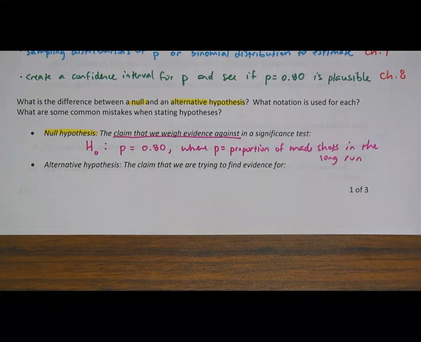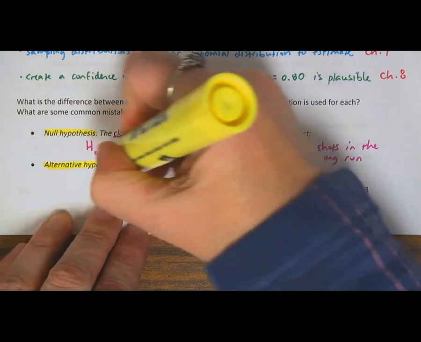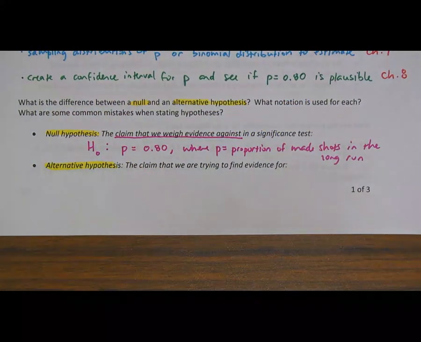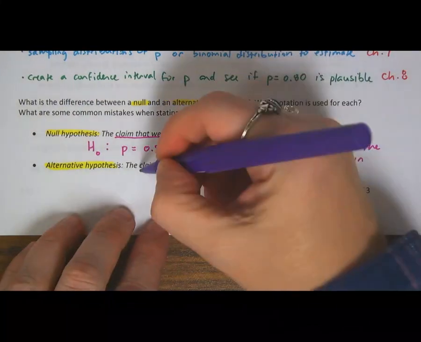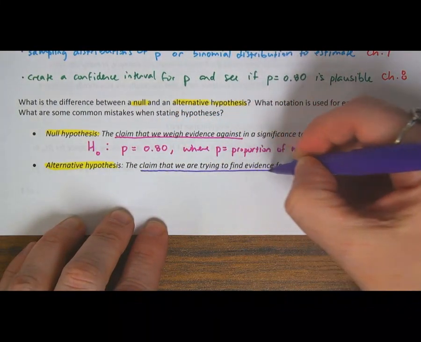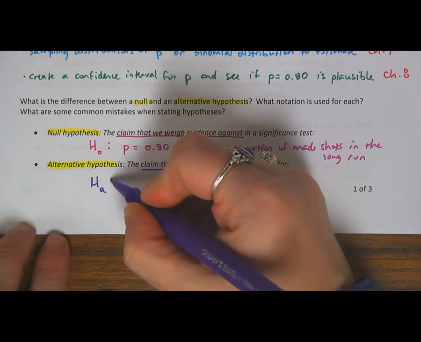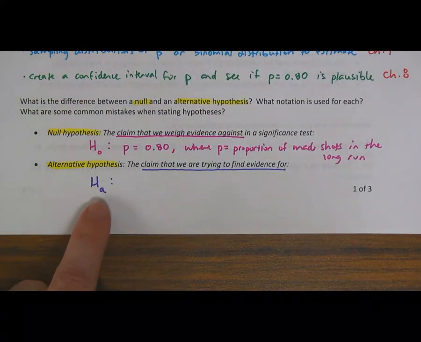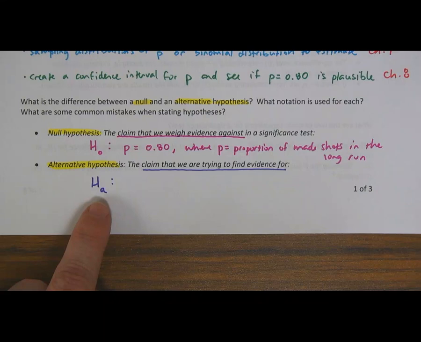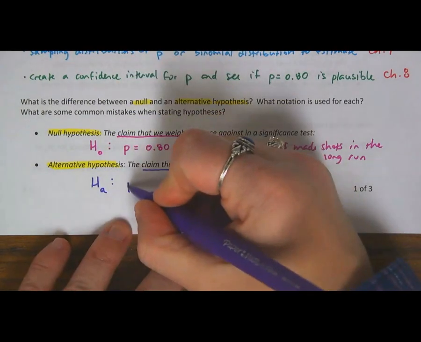And then underneath that, you'll list the alternative hypothesis, which is essentially the claim that we're trying to find evidence for. Here is the notation for alternative hypothesis. It's a capital H with a little subscript lowercase a, Ha. That's your alternative. And I'm trying to find evidence for this.